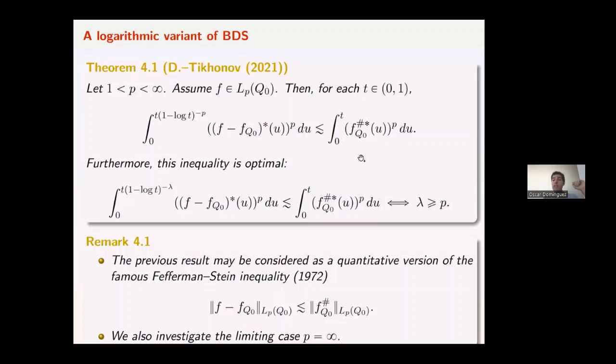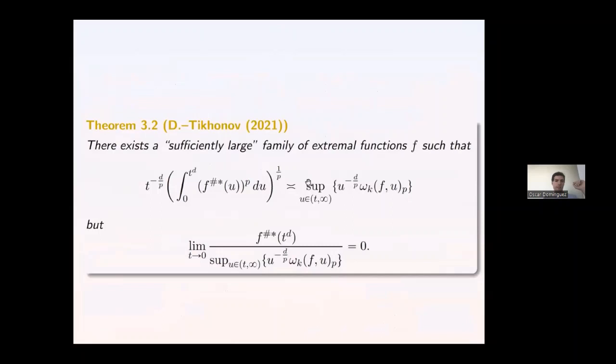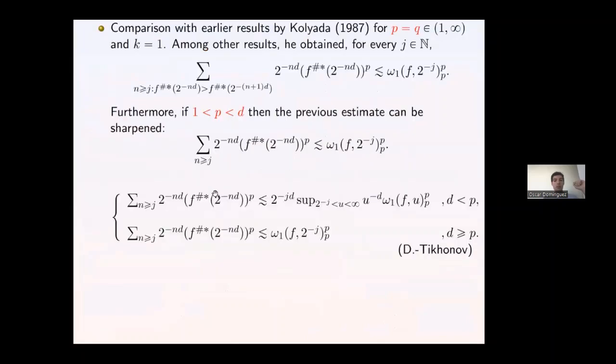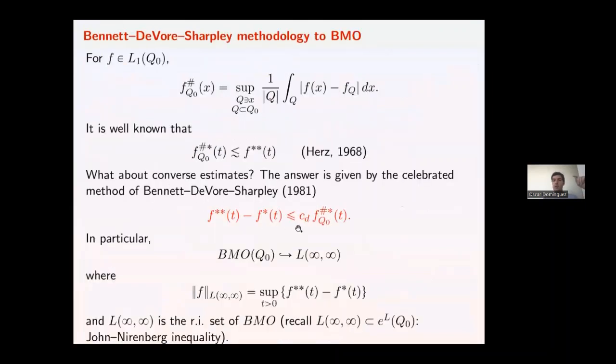In particular, we make strong use of this inequality in order to manage this counterexample. In order to control this from below, we make strong use of this inequality. And note that it's not clear, at least for us, how to get similar results using only this oscillation estimate, because the left-hand side is quite difficult to compute.